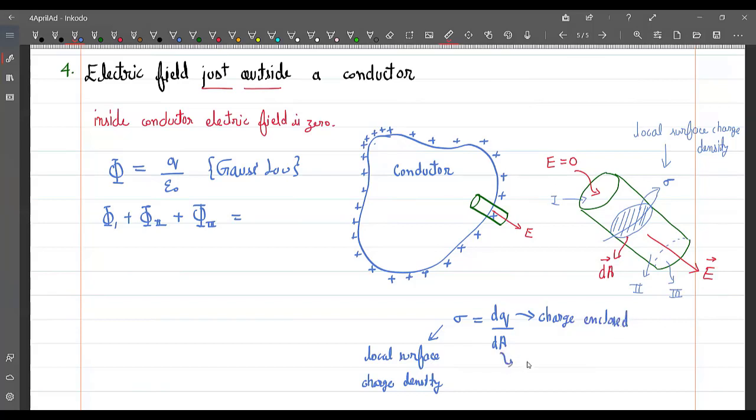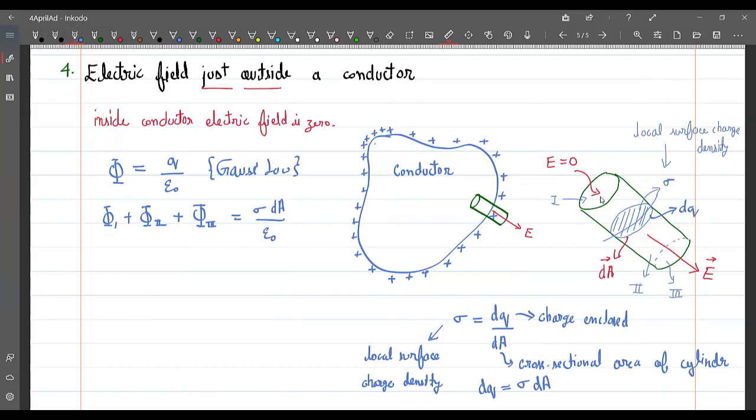And dA is the cross-sectional area of the cylinder. From here, we come to the conclusion that charge on this region is dq. That will be given by sigma times dA. So here I can write sigma times dA by epsilon naught.